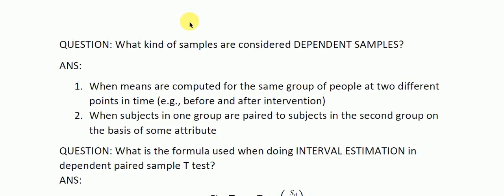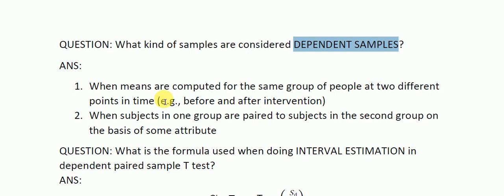Moving on, we are now going to perform both hypothesis testing as well as confidence interval estimation on dependent samples t-test. What kind of samples are considered dependent samples? When means are computed for the same group of people at two different points in time, before and after the intervention.